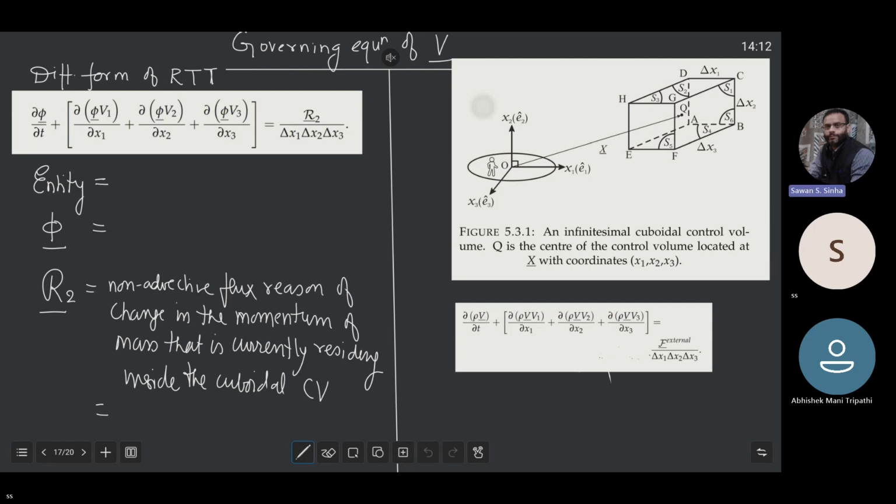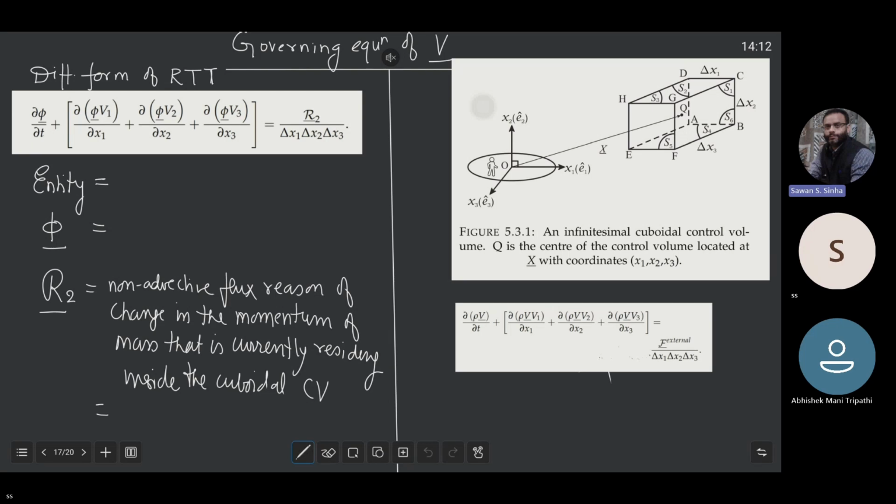And the way to get this, how many kgs of mass, how much momentum is there, is to perform a volume integral with phi here. What is phi? Entity per unit volume.